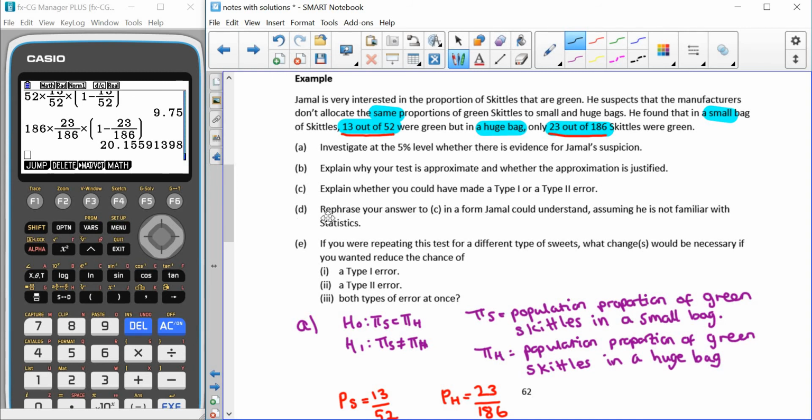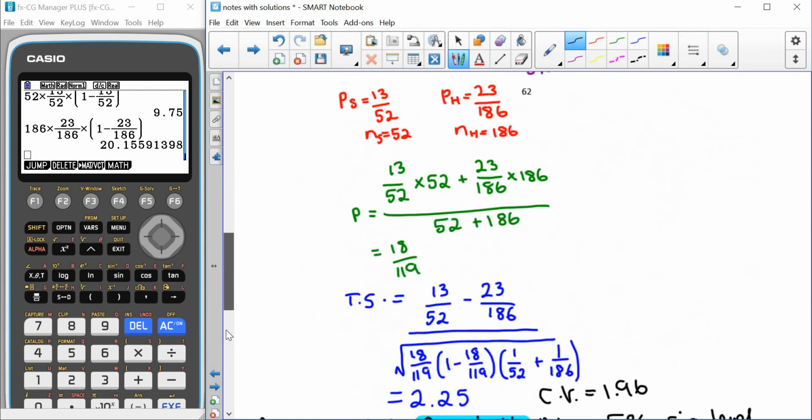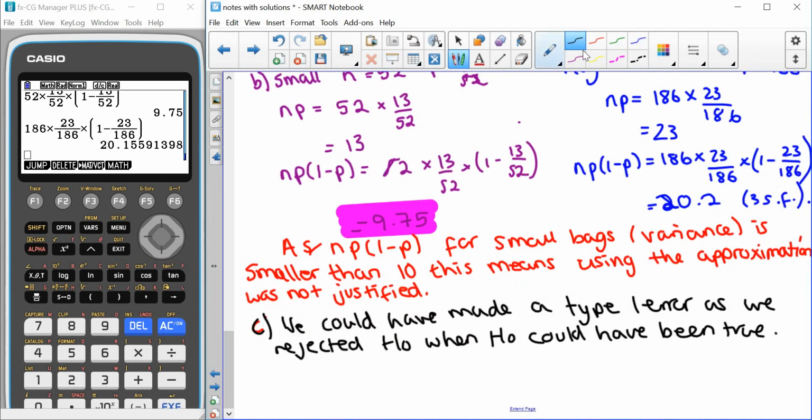Part D, rephrase your answer to part C in a form Jamal could understand, assuming he is not familiar with statistics. So this is where we're having to put it into context.